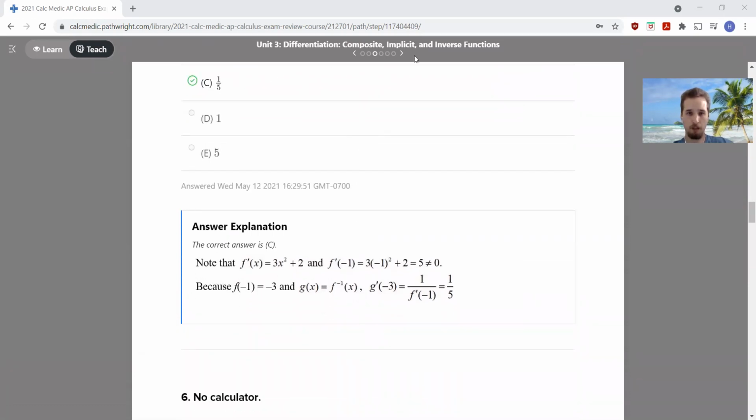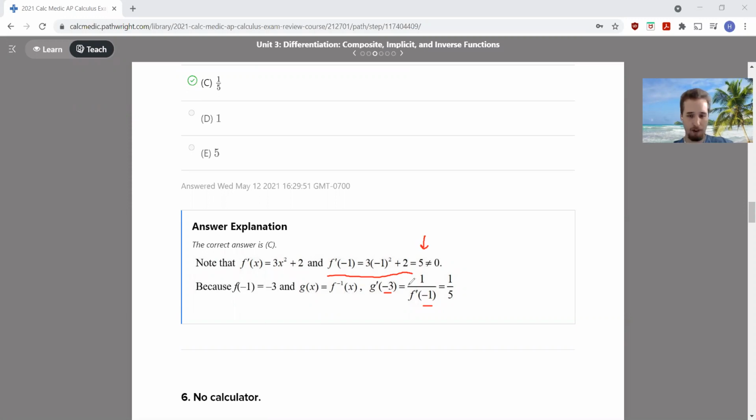So, kind of briefly go over. They found f prime of -1 by taking the derivative, finding that it's equal to 5. And basically, because g of x is equal to the inverse of f of x, if you want g prime at -3, you have to use -1 here, and it's just 1 over the slope of f.